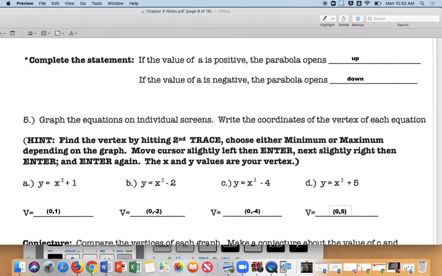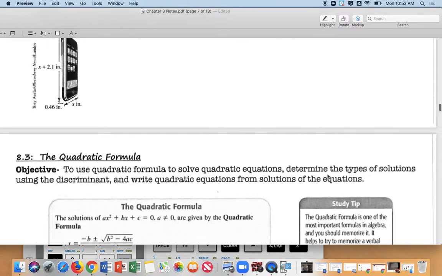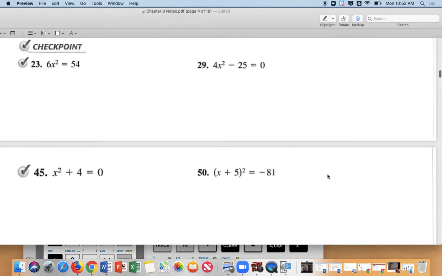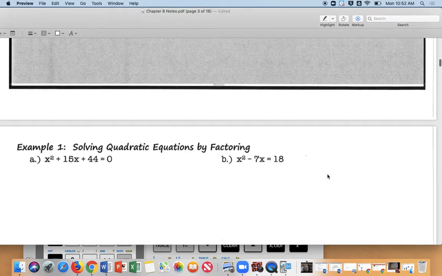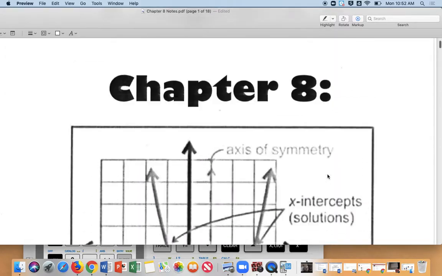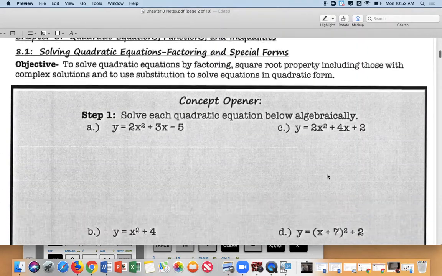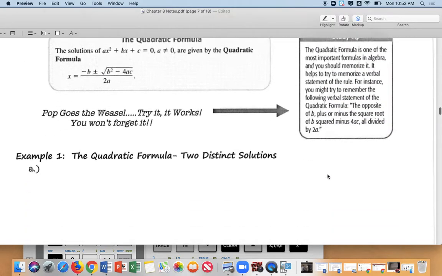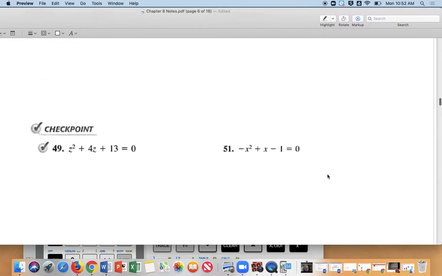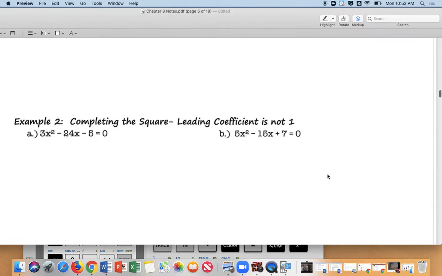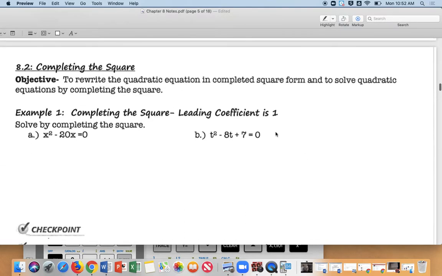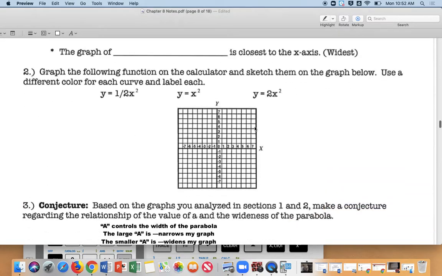Now these are actually in vertex form. We talked about that earlier, I believe, back in the completing the square. I'll show it to you. Back here, when we completed the square, these were in vertex form.